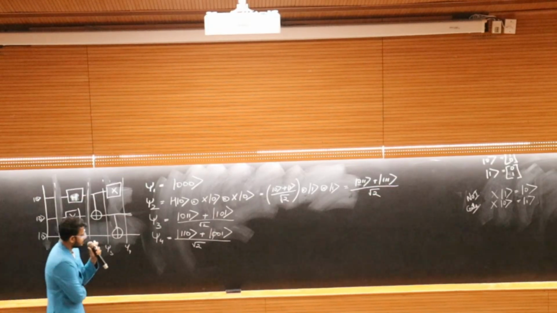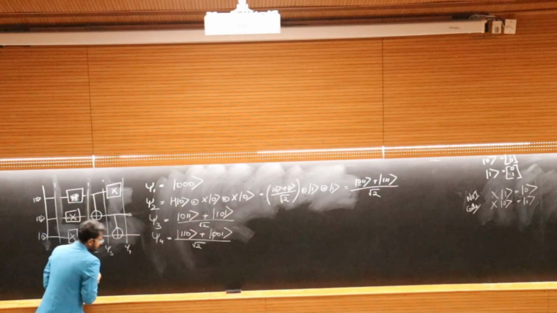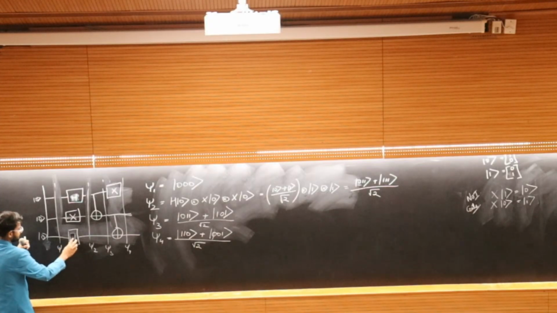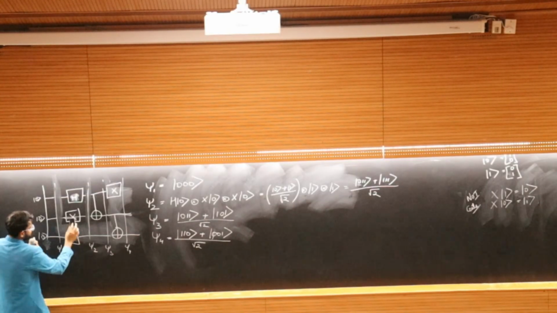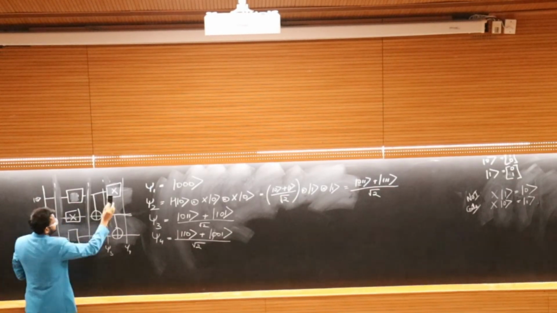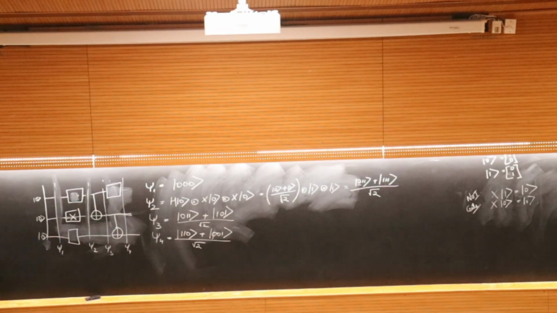Like in the last step, what I will do is, I won't change the circuit. I will just change a few of the terms here. So basically you know that these quantum gates are just matrices.